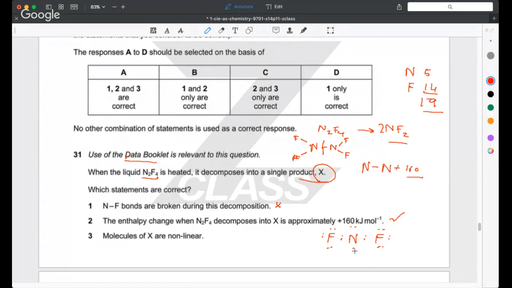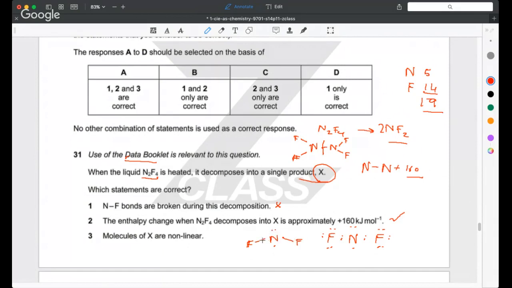It's actually a radical molecule. It's got an unpaired electron, but they're not looking for that in this question here. But you can see that you've got these electron domains around the nitrogen. So you've got a lone pair of electrons, and you've got another electron domain there, and then you've got the bond pair, and you've got the bond pair there, and so you're going to have a stronger force of repulsion between the bond pair and the lone pair than between the bond pair and the bond pair.